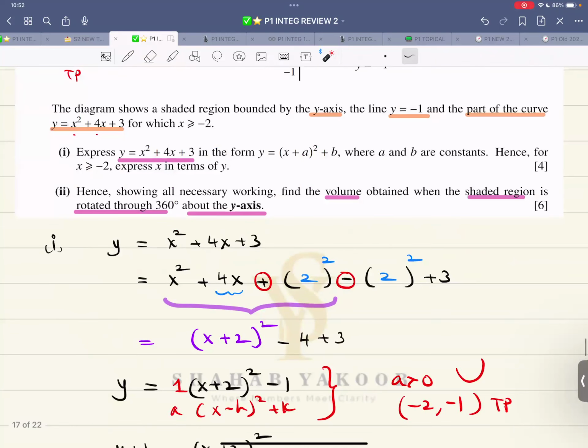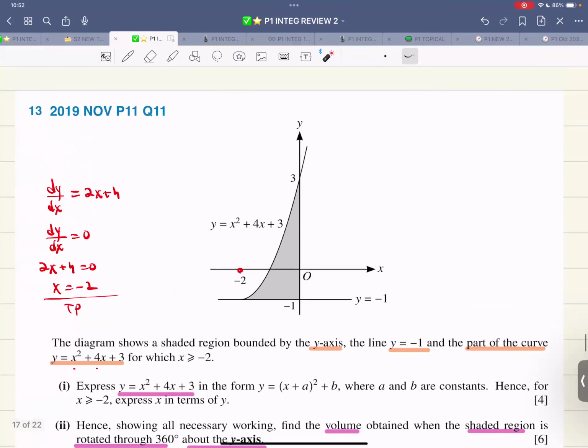Now it says, hence showing the necessary working, find the volume obtained. So now, first of all, what are the limits? The limits are -1 to +3. And this is a simple area because this shaded region is between the curve and the y-axis, and we are rotating like this. So that's the limit.